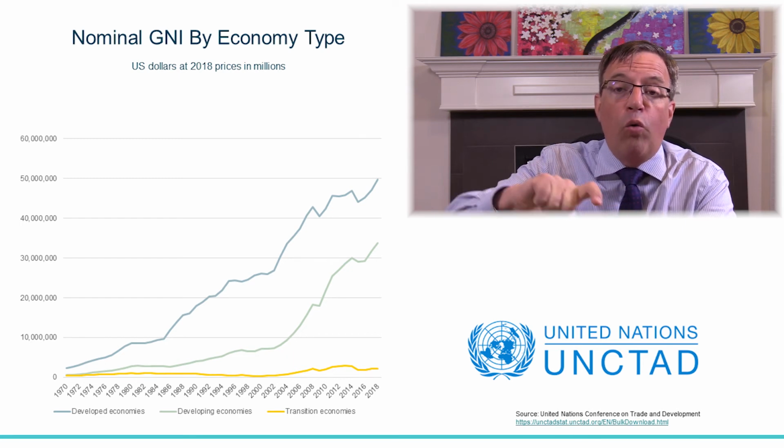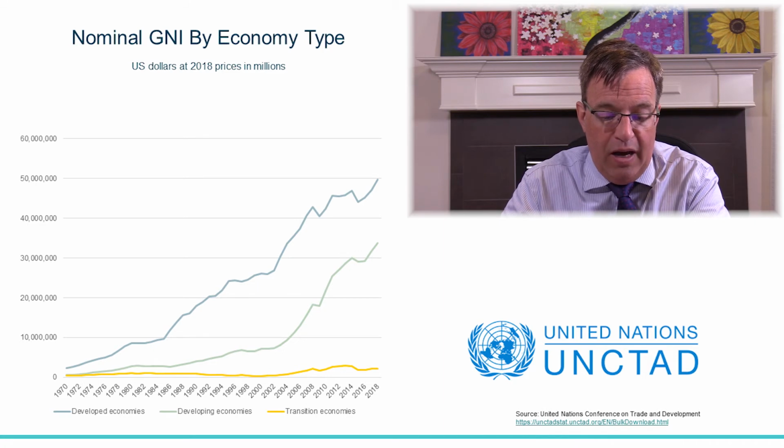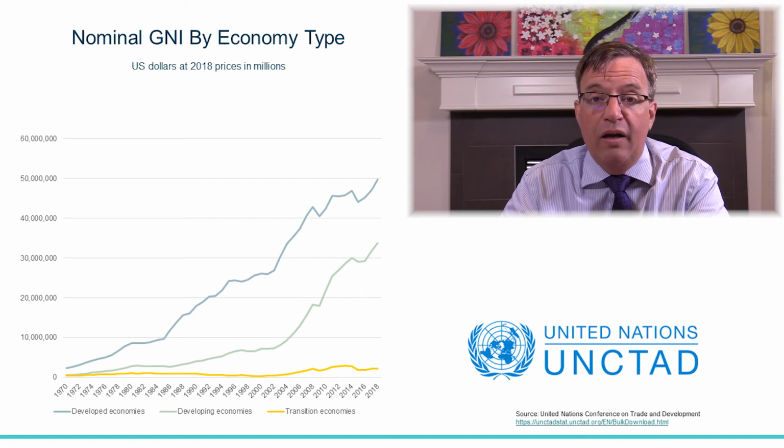The whole world is going up. Whereas just some years ago, before the mid 1990s, the developing economies' development was much more flat than it has been in the 21st century.